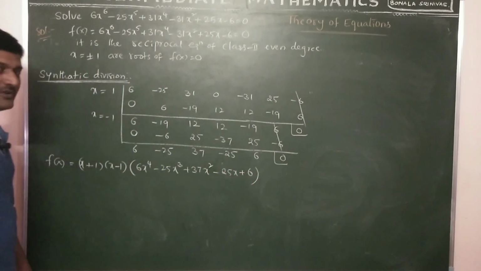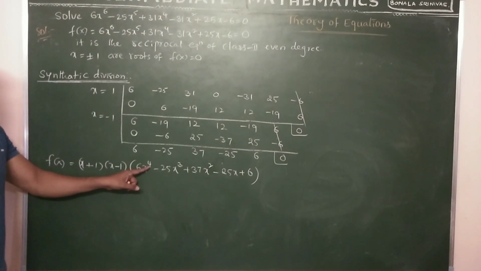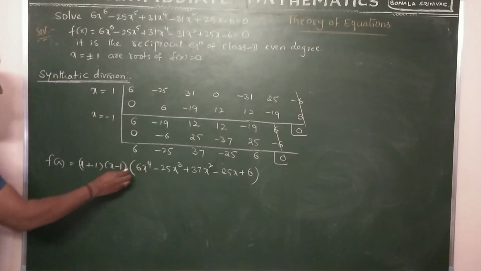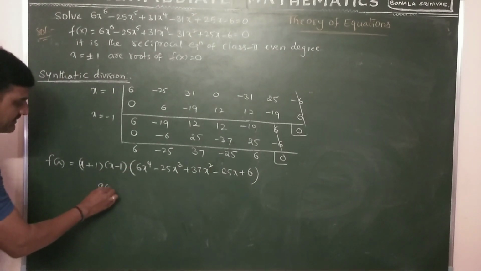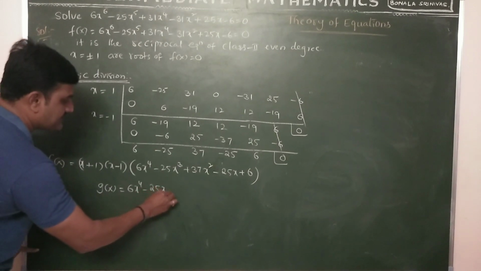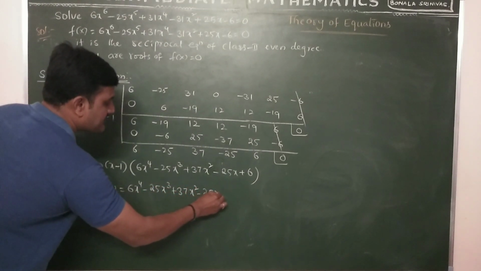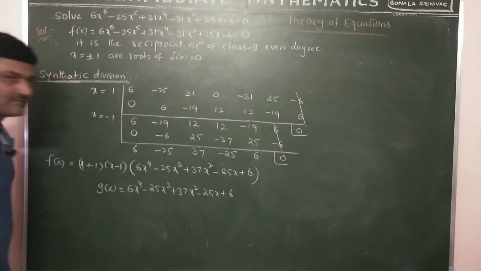We got one more reciprocal equation, of 4th degree. Yes or no? Now let's take g(x) equals 6x power 4 minus 25x cube plus 37x square minus 25x plus 6.